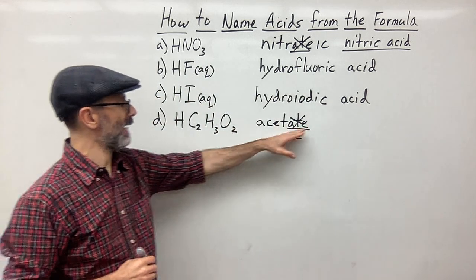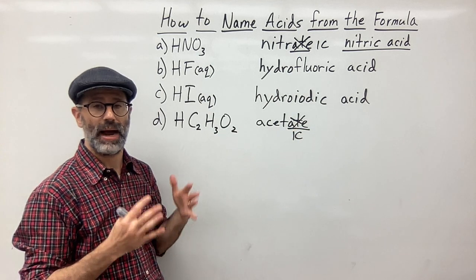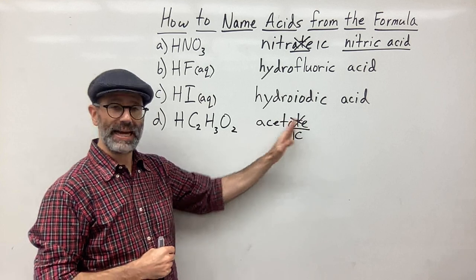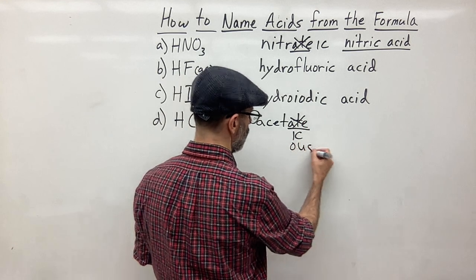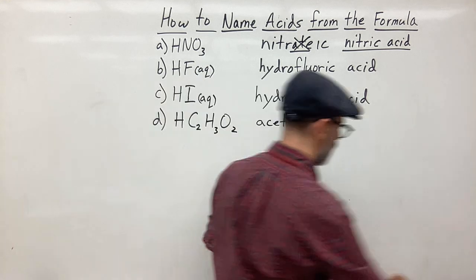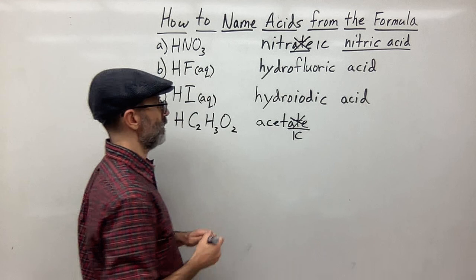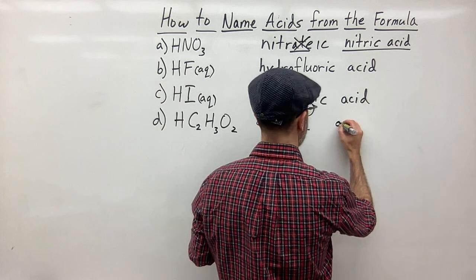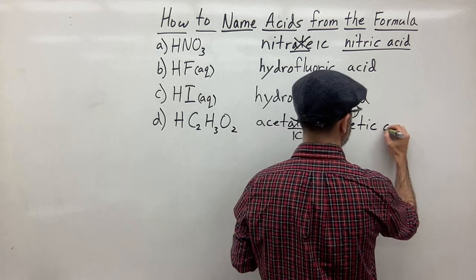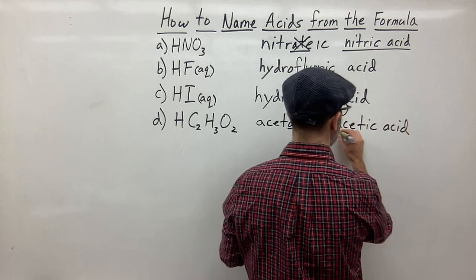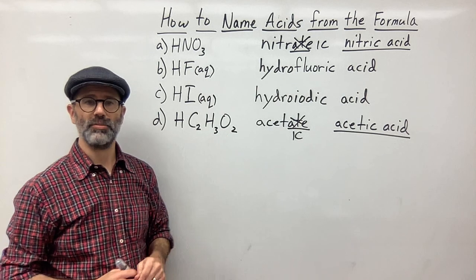If this was ITE, not that we have an acetite ion, there's no acetite ion, but if there was an ITE ending, we would drop it and put OUS instead of IC. But that's not the case here. So drop it and add IC, and then we get acetic, and then add the word acid. So acetic acid is the name of this substance here.